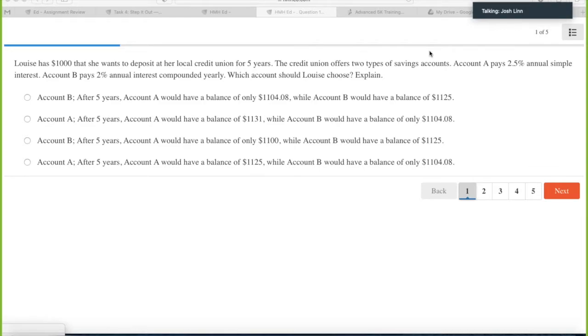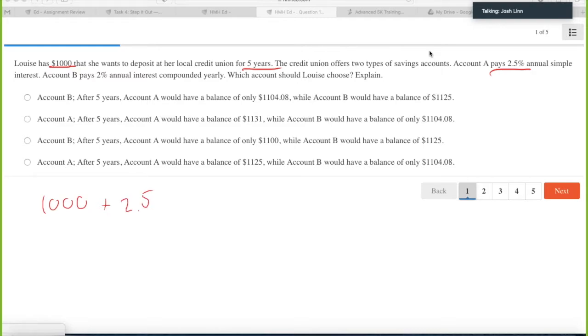So for 5 years, $1,000, 5 years. Account A is 2.5% simple interest. What that means is she's depositing $1,000, and every year she gets 2.5% of $1,000.